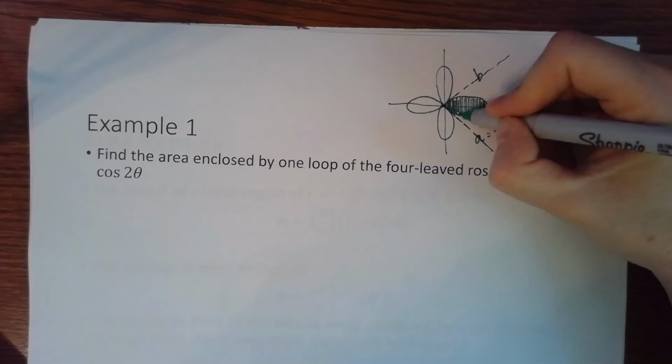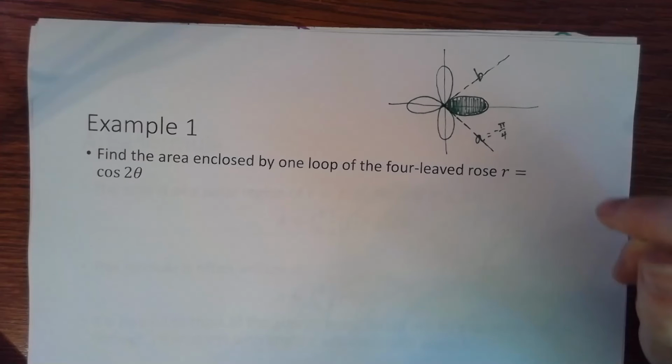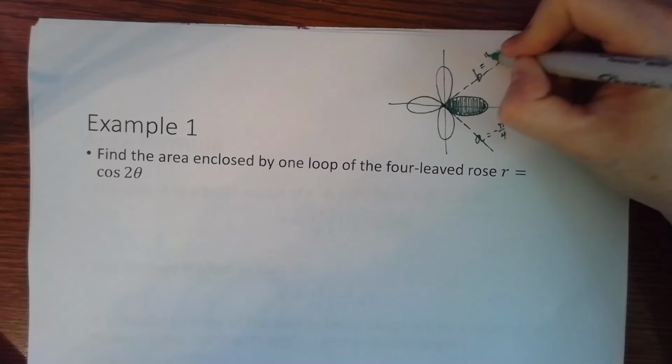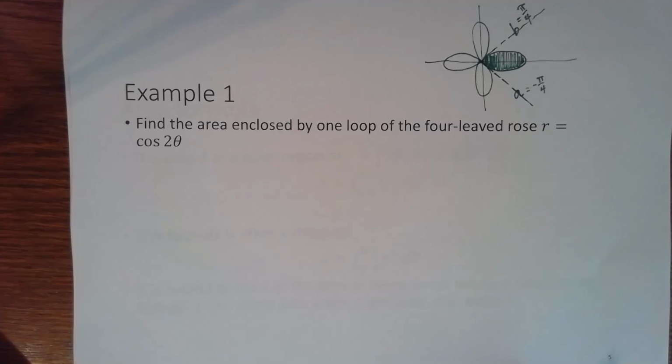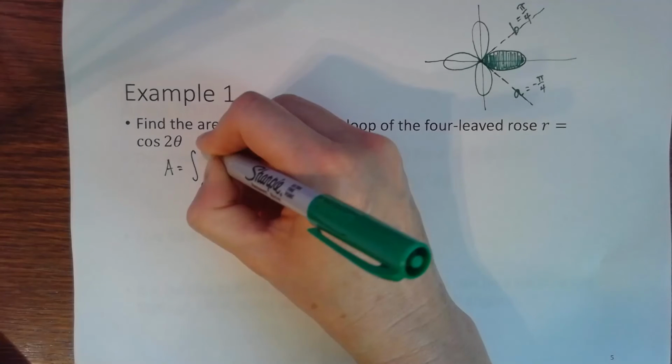If we go from negative pi over 4 to positive pi over 4, that angle will sweep out this entire petal. That gives us our bounds, and we know that the area is the integral from A to B of 1/2 r squared d theta.